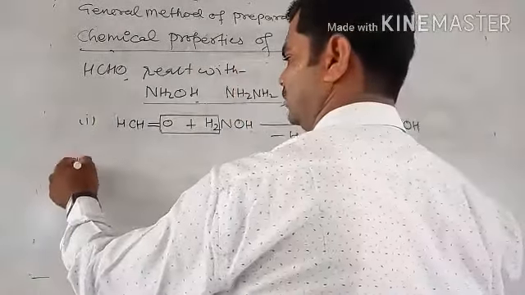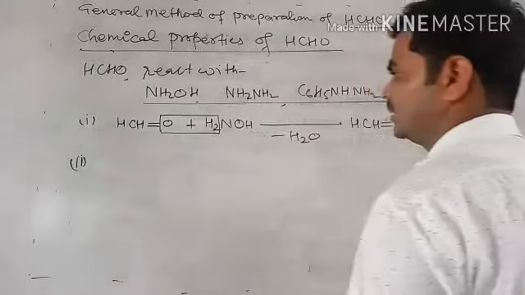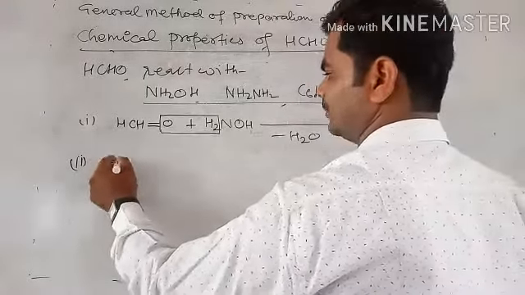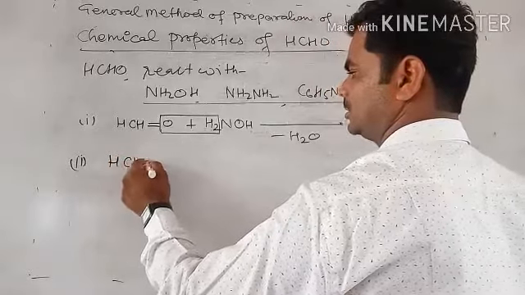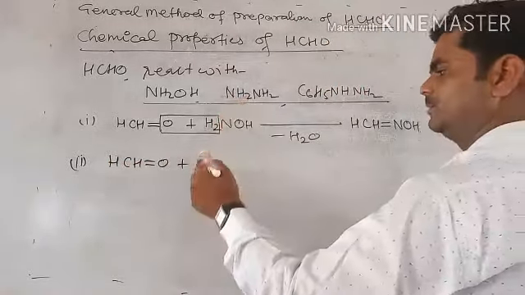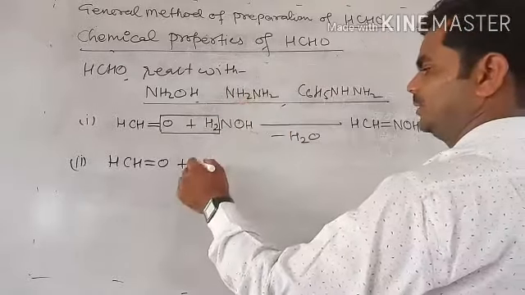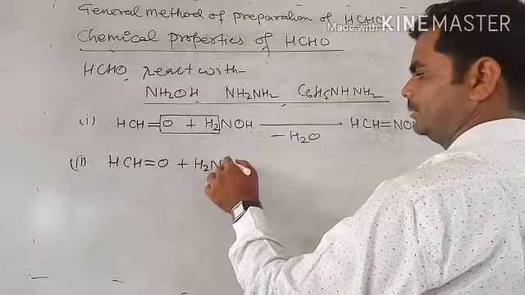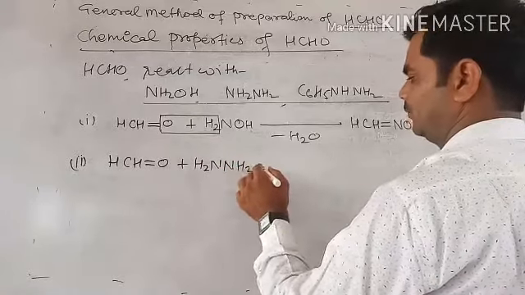Okay. Now the second one. This formaldehyde, H-CH=O, reacts with hydrazine, which we write as H2N-NH2. What happens in this case?